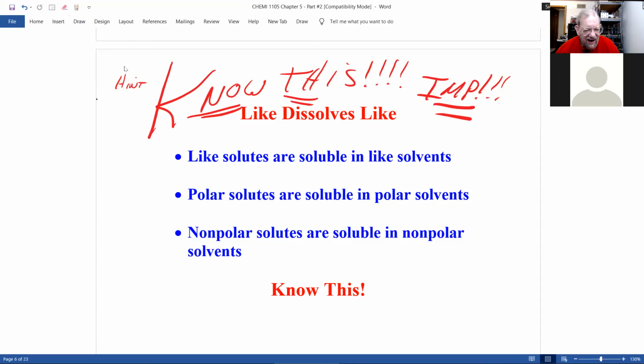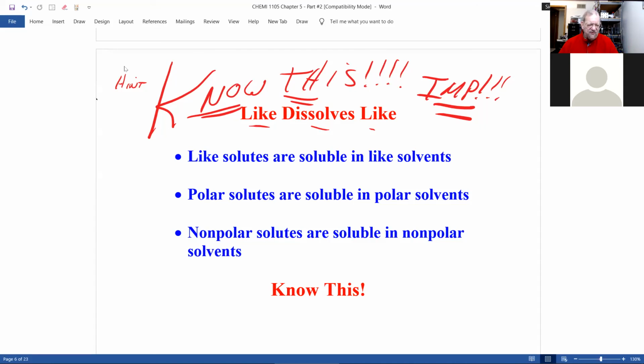Let's talk about the concept of like dissolves like. And notice this little hint, know this, it's important. Like dissolves like is not a law, but it's a rule of thumb. A rule of thumb is something that's true about 95, 98% of the time, but not 100%. But essentially, most of the time, it is true.